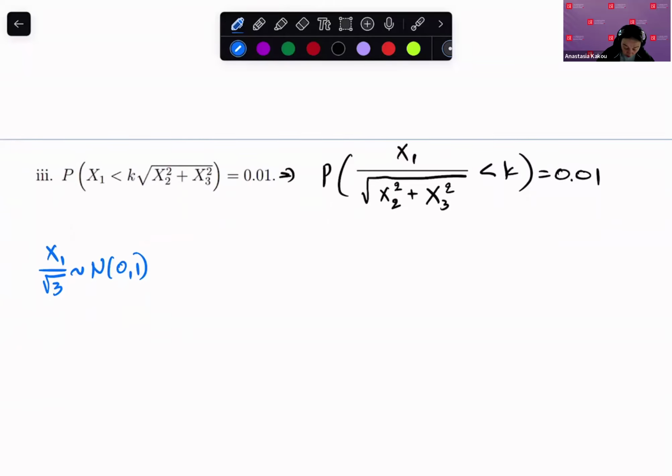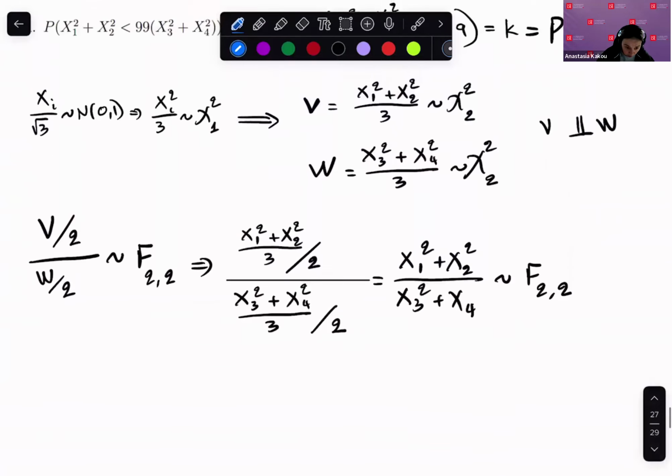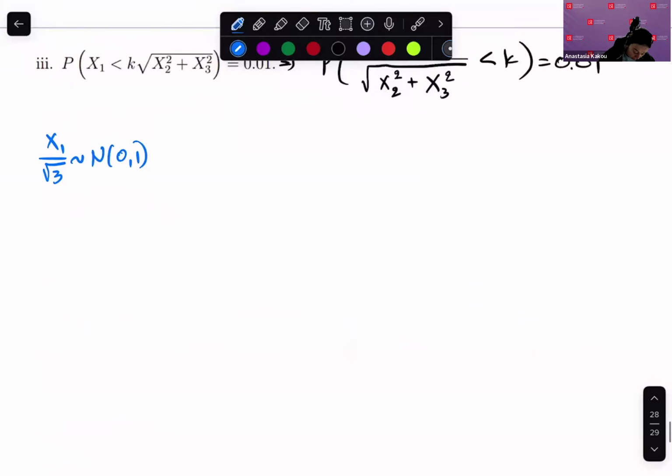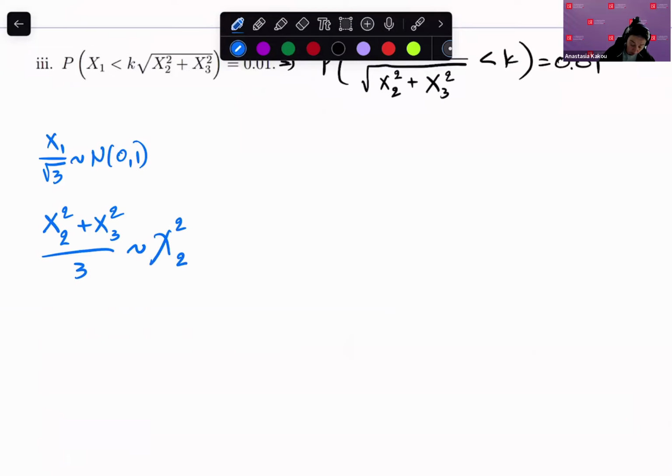Okay, so just following the same method as before, we have (x2² + x3²) over 3. This is a chi-square distribution with 2 degrees of freedom.